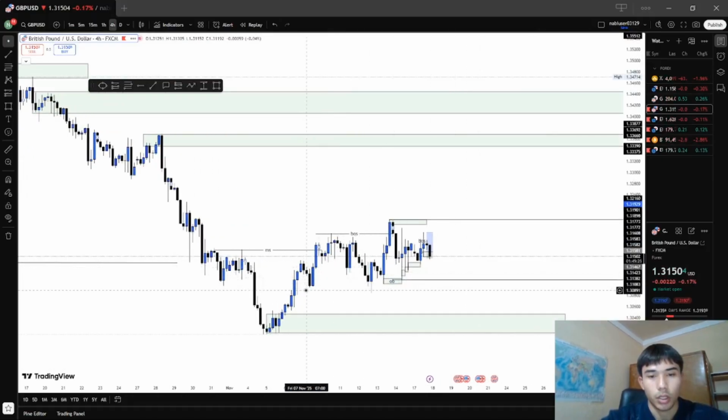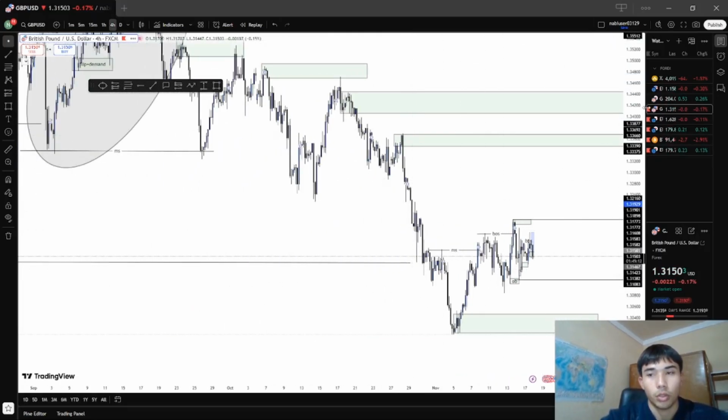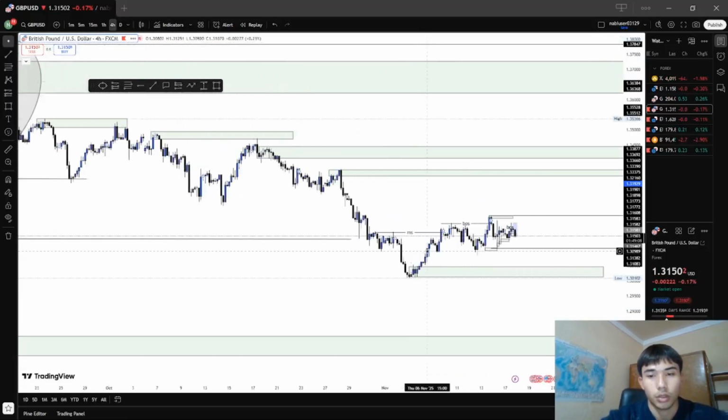So yeah, we have our higher low, higher low, higher high, higher high, higher low. So we are in a bullish scenario from this moment on because of this market shift.